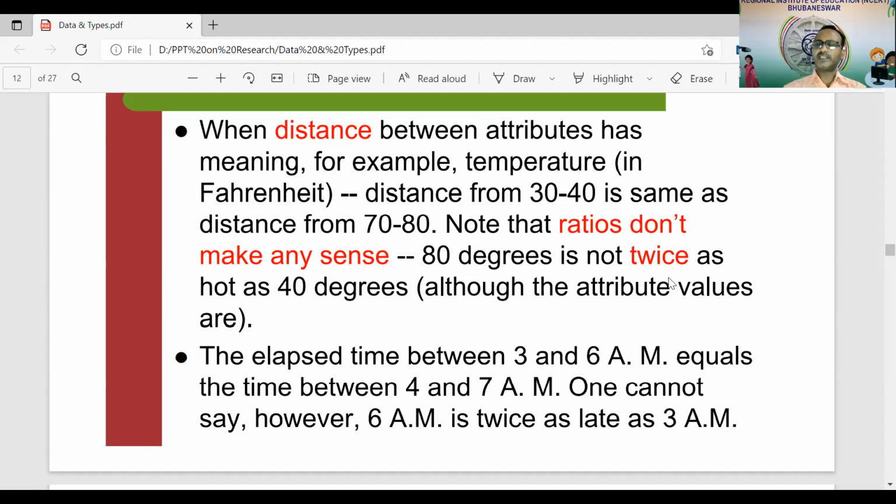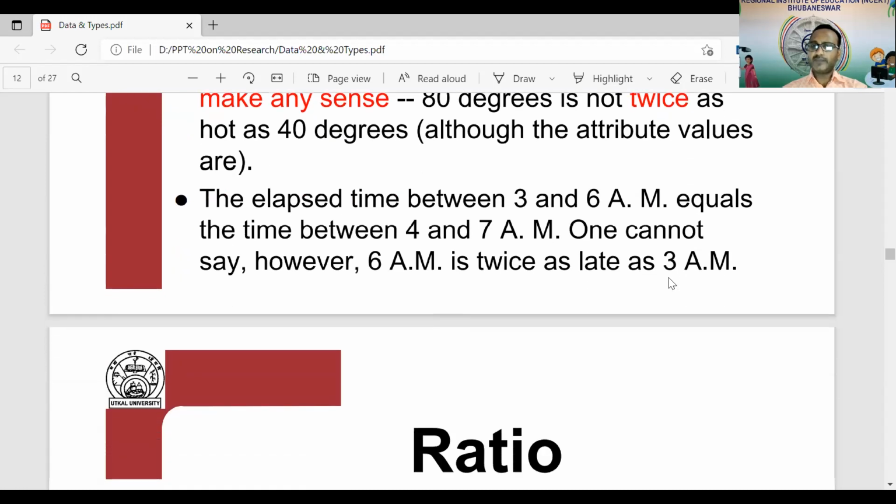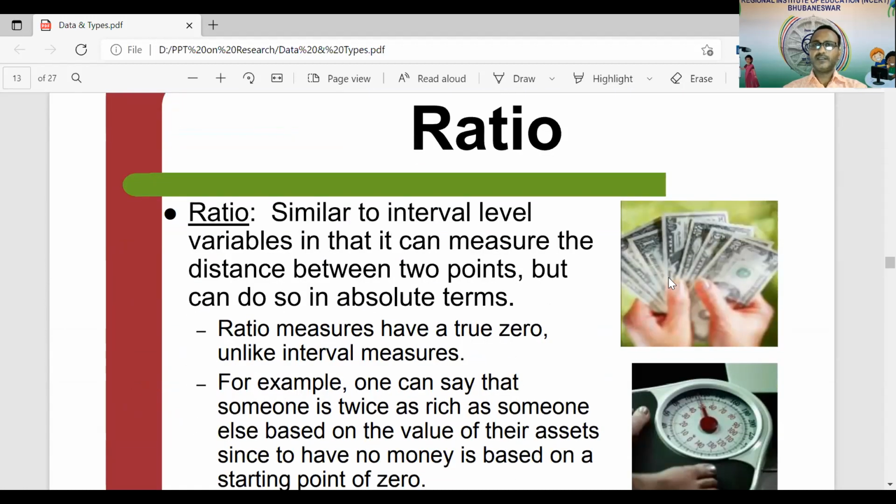All kinds of statistical application can be done when we have an interval scale. But it has one problem. The problem is there is no absolute 0 point, and that can be removed by another scale of measurement, that is ratio scale.